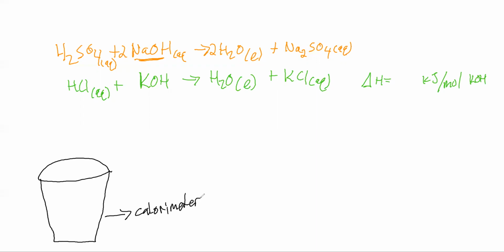And inside that container, we're going to mix different amounts of our liquid. So it might be our water, it could be our HCl and our KOH. And when we mix them, we're going to measure the temperature change of our solution.